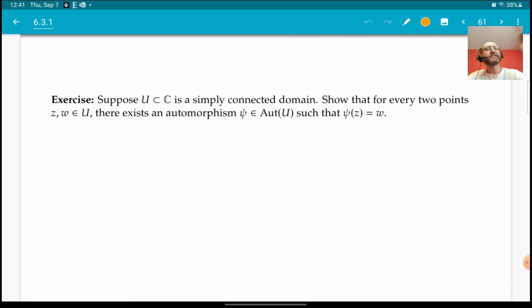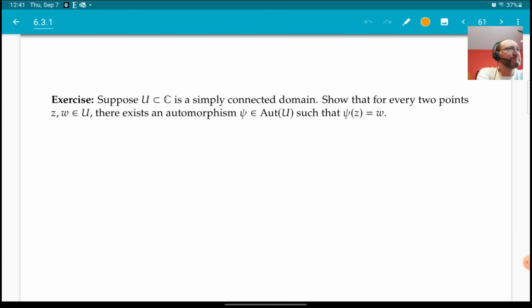All right. So let's look at some exercises that are direct applications of the theorem. First, you've seen this before for a disk. We have a construction for the automorphisms of the disk.